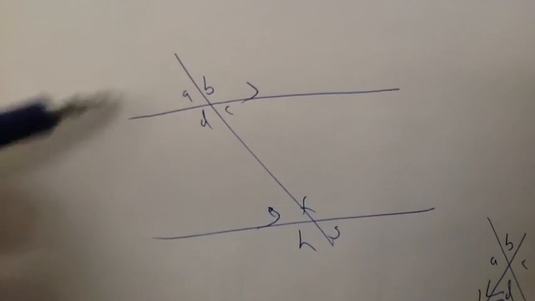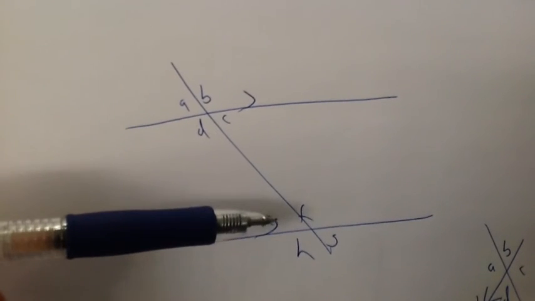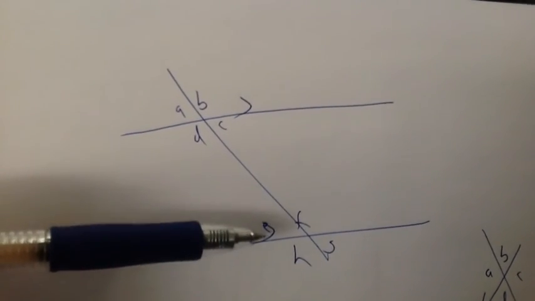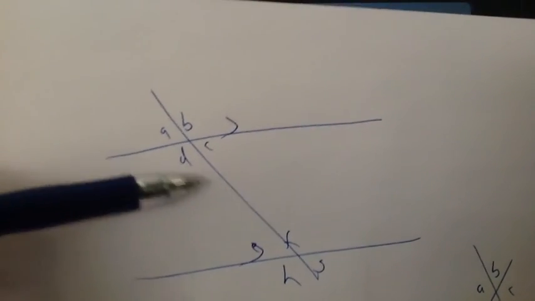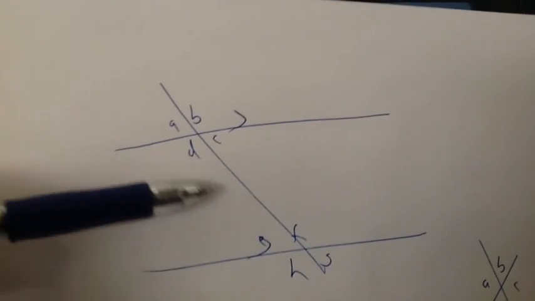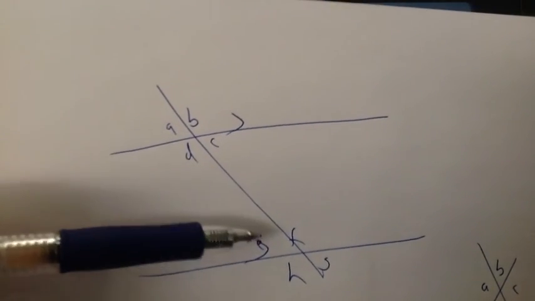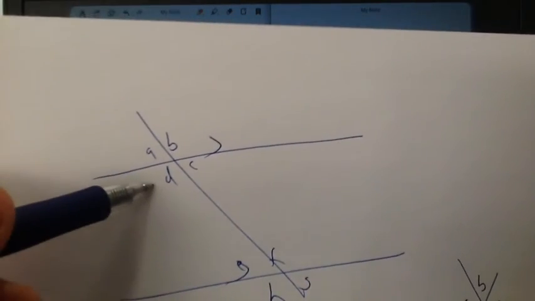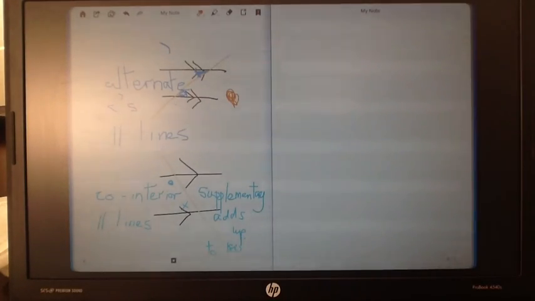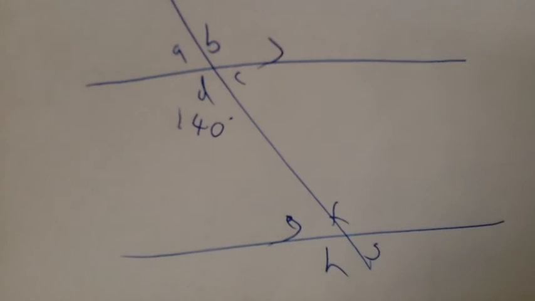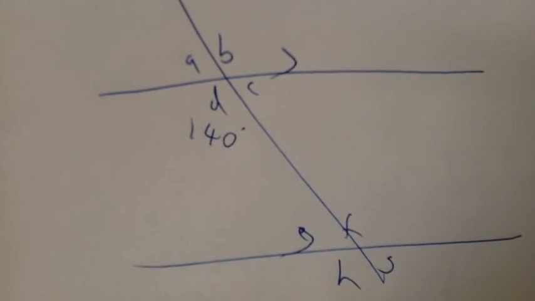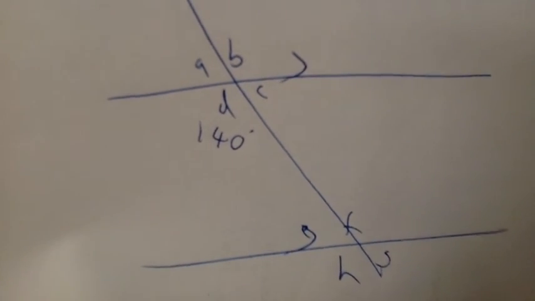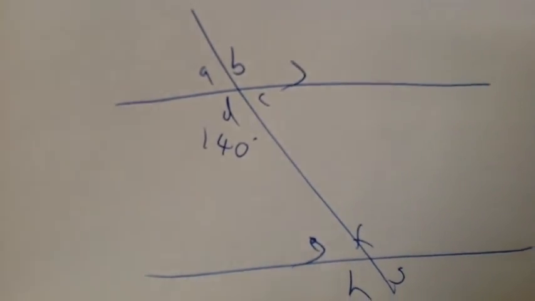Okay, let's check then. So you can see D and I are co-interior, so these will add up to 180. So if D was, say, 140, then I would have to be 40 to add up to 180.